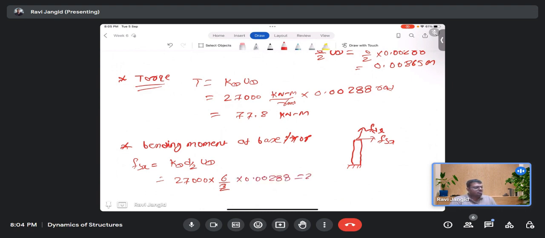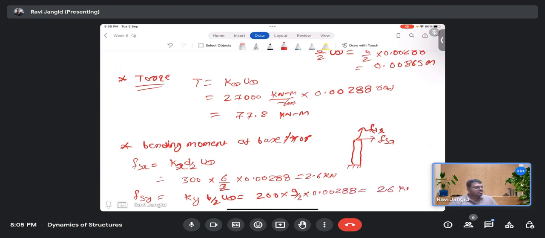So that is coming 2.6 kilonewton. Similarly, Fsy is ky, and kx is given as 300. Ky into b by 2 u theta, so that is 200 into 9 by 2 into 0.00288. So that would be your 2.6.